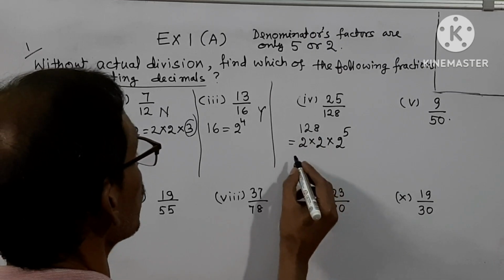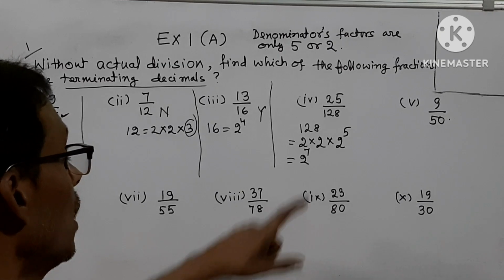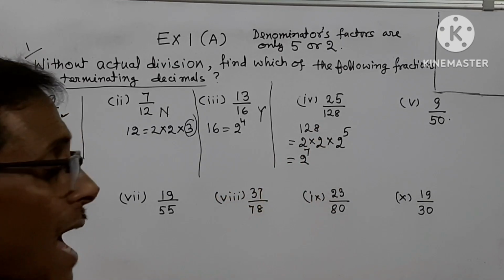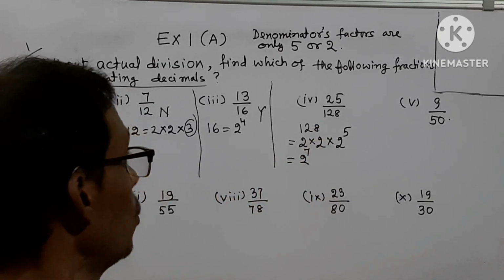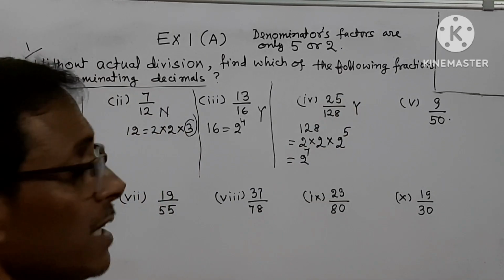That means 128 is also 2 to the power 7. So 128 also has factors of only 2. So you can say that this is a terminating decimal.